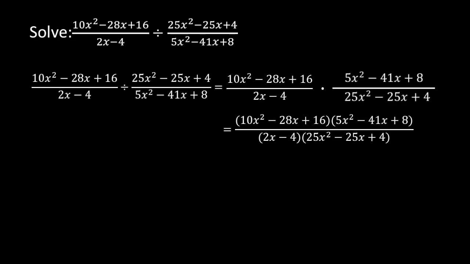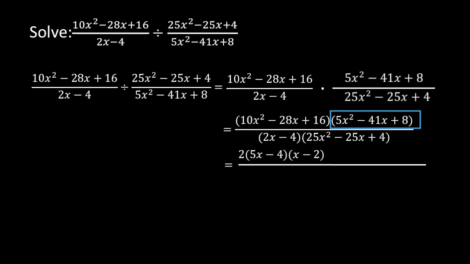We look for expressions we can factor. We can completely factor 10x squared minus 28x plus 16 as 2 times 5x minus 4 times x minus 2. 5x squared minus 41x plus 8 is equal to 5x minus 1 times x minus 8. We can factor out 2 from 2x minus 4 and get 2 times x minus 2.